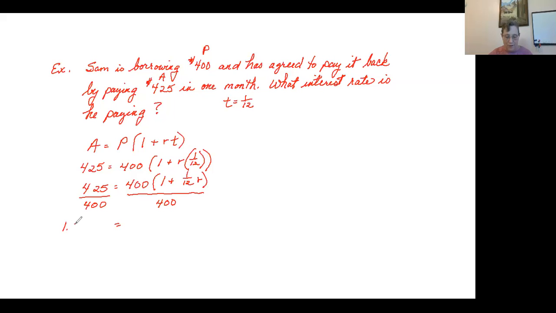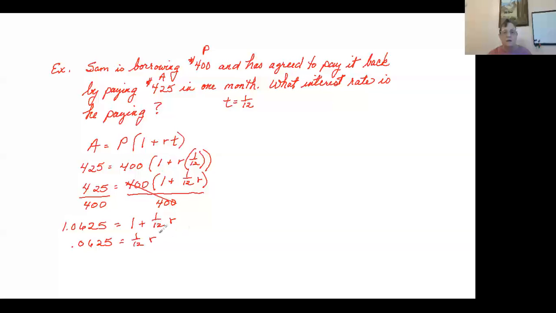This is going to be 1.0625. That's gone. Equals 1 plus 1/12 R. I subtract the 1 from both sides. I'm going to get 0.0625 equals 1/12 of R. Now, that's actually a fairly decent interest rate for a year, but this is how much, 6.25%, is being paid for 1 month.